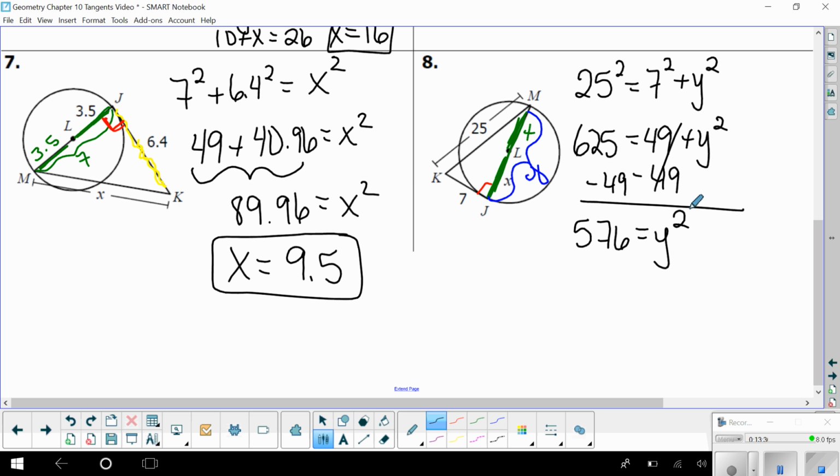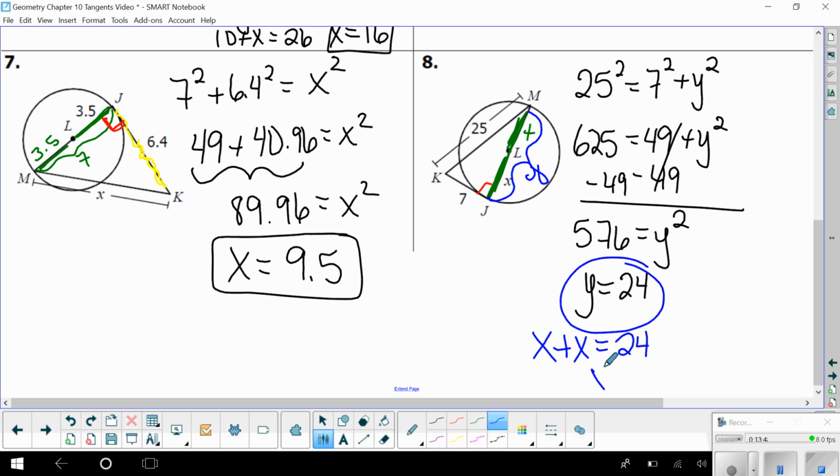Take the square root and we get y equals 24. Okay, so this is y. Y is made up of x plus x, which is 24. So what does x got to be? Well, x has got to be 12.